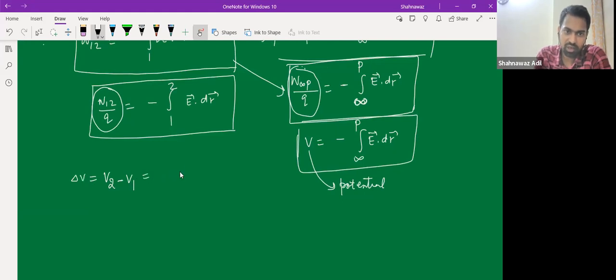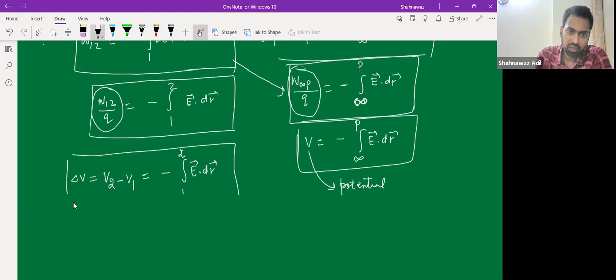This is minus of integral from 1 to 2 of E dot dr. Okay. So if I bring the charge from infinity to point P, this is called potential. And if I bring the charge from point 1 to 2, so this is called what?